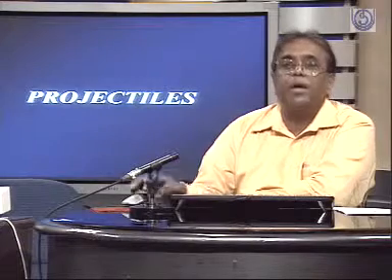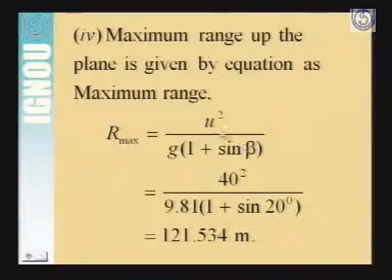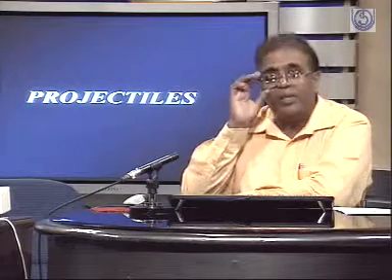So the maximum range expression, that is R max, is u square over g times 1 plus sine beta. So in this case u is given as 40 meter per second and beta is 20 degree. So the maximum range is 121.534 meter. That is the maximum range.